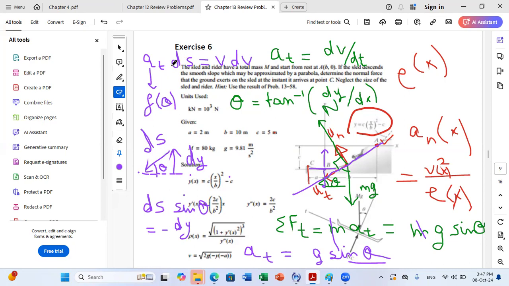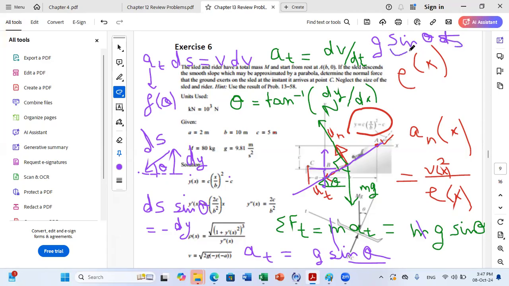And now if you replace at by g sine theta, you'll get the following. At is g sine theta times ds equals v dv. And you can see here that I can replace sine theta ds by what?